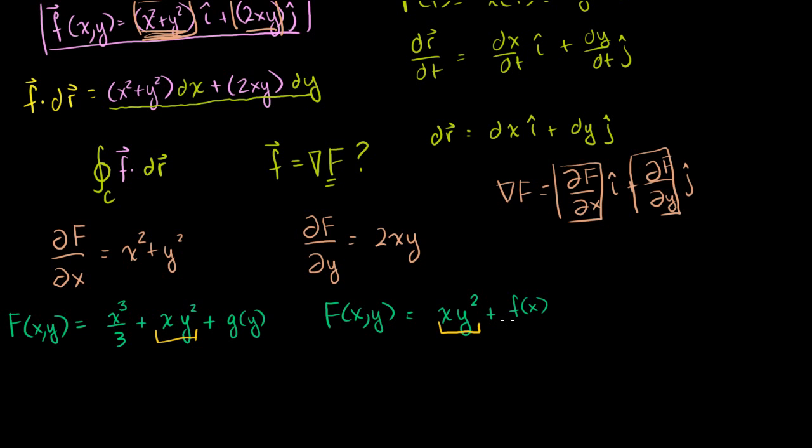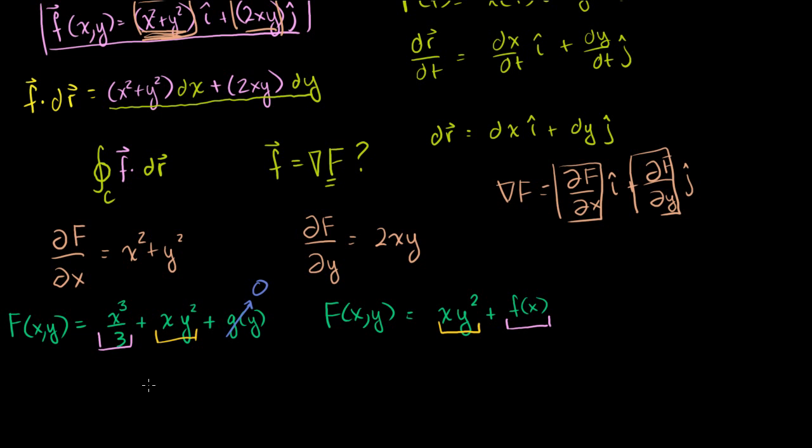And over here we have something that's a pure function of x, and here we have something that is a pure function of x. So these two things could be the same thing. And then here we have a pure function of y that might be there, but it didn't show up anywhere over here. So we could just say that's going to be 0. You could have g of y equal to 0.